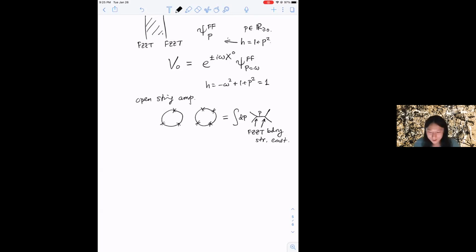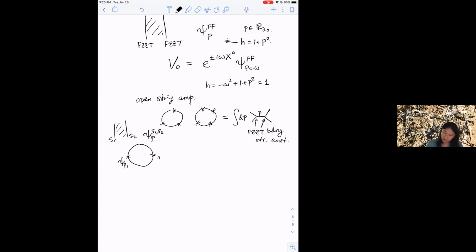Thankfully, thanks to the work of Ponsot and Teschner, all of these structure constants are known. So for example, if you normalize the 2-point function, so generally you can consider two different labels, s1, s2, for the FZZT brane. So open string stretched between two different FZZT branes, and you have states like psi P, s1, s2.